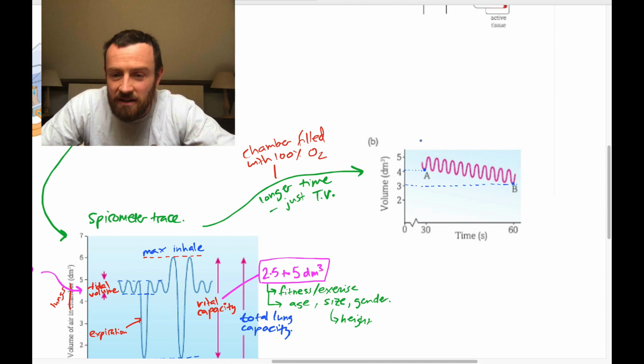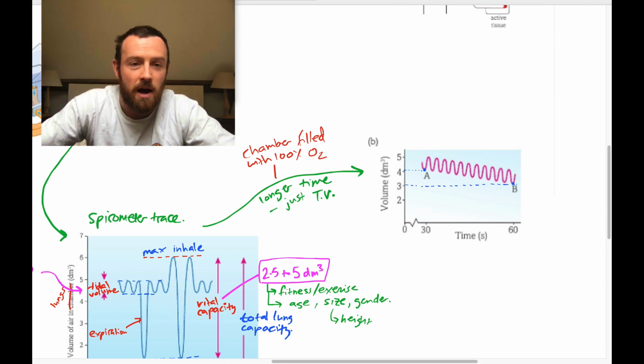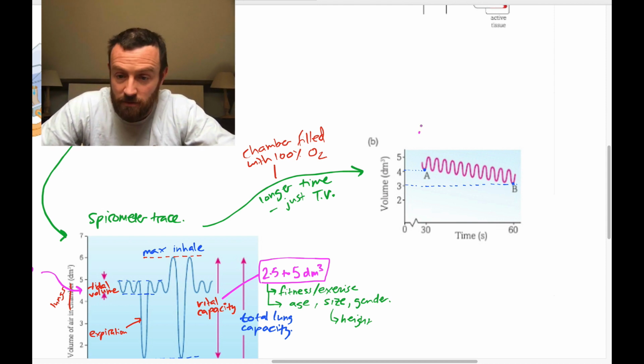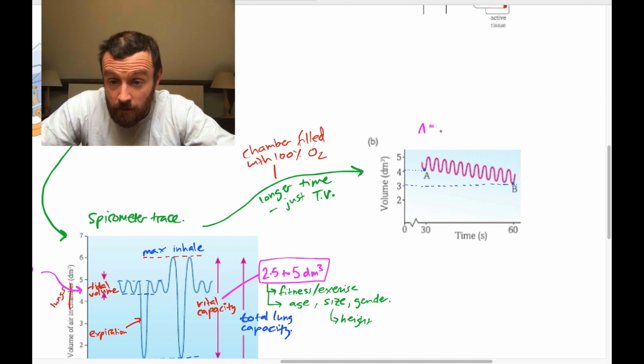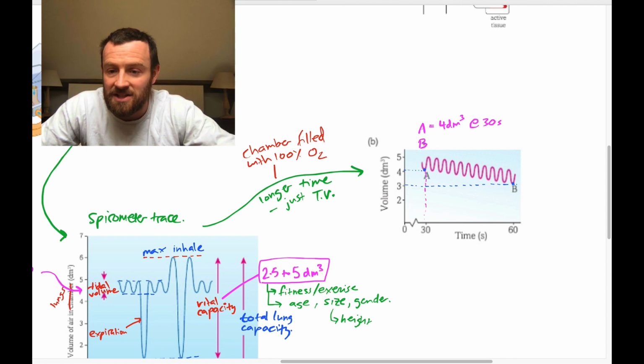Now, let's just say, for ease of my calculation purposes, that A is at 4 dm cubed at 30 seconds, if we go down here. And let's just say that B is at 3 dm cubed, what nice round numbers, at 60 seconds.